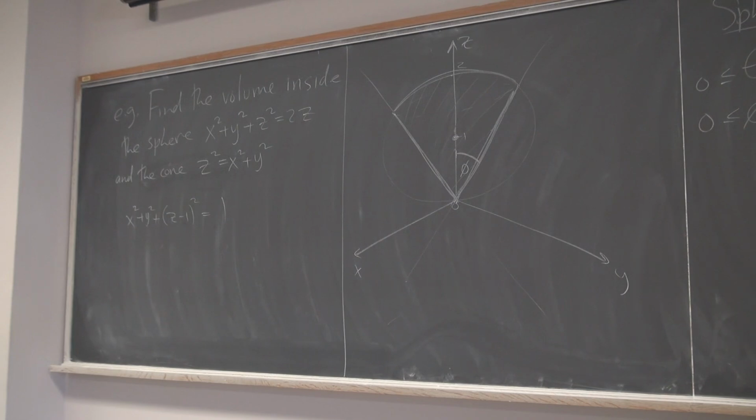Then what? And that's x squared plus y squared. The width here would be what? Radical x squared plus y squared, which is r. Right, but what is r here? Look at the equation.